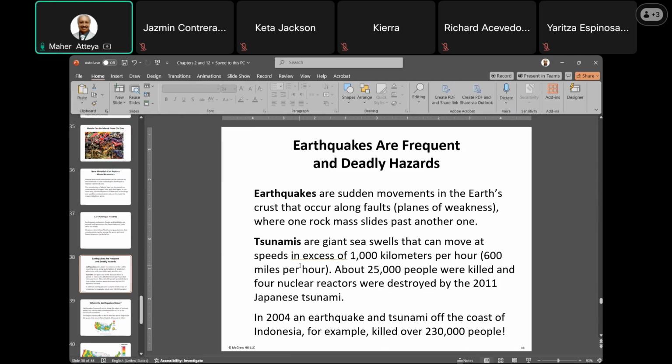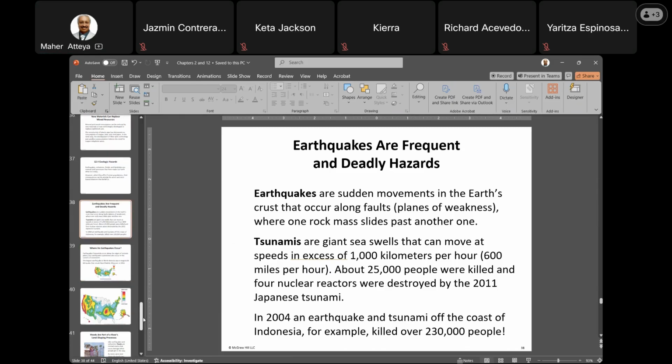About 225,000 people were killed, and 4 nuclear reactors were destroyed by the 2011 Japanese tsunami. So you can see tsunamis and earthquakes, as well as volcanoes, contribute negatively to our environment.